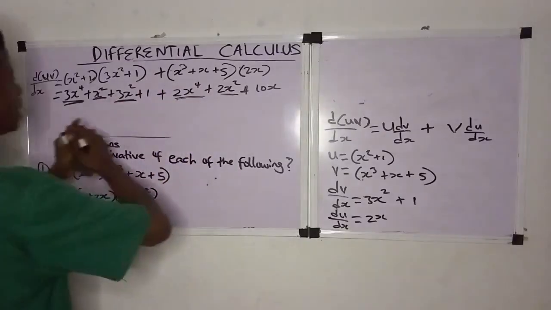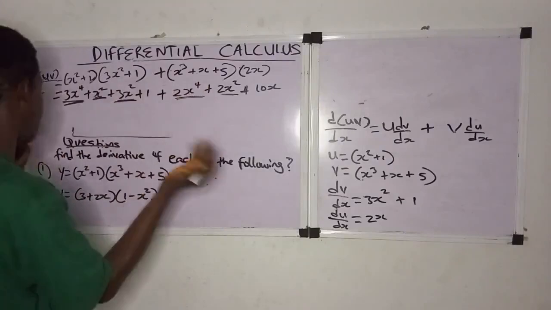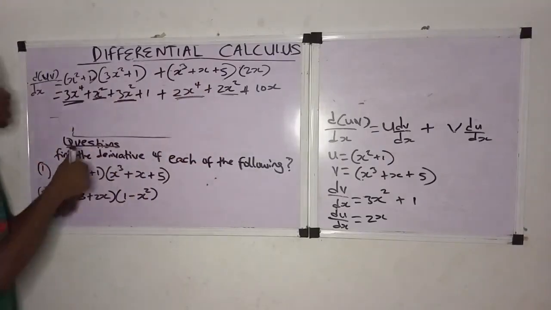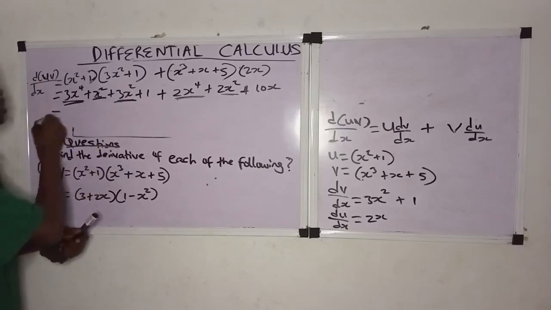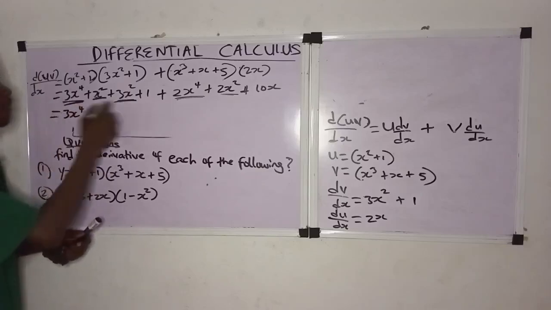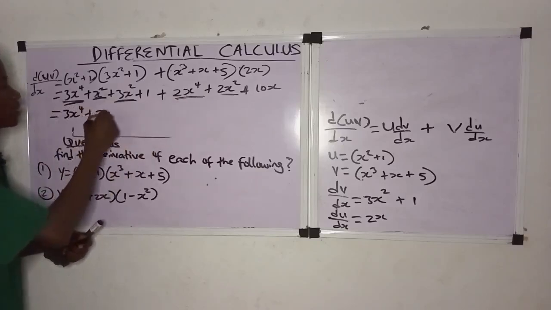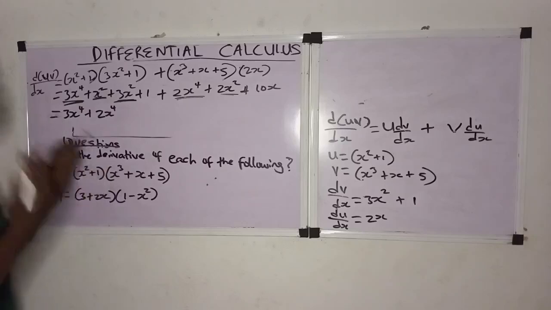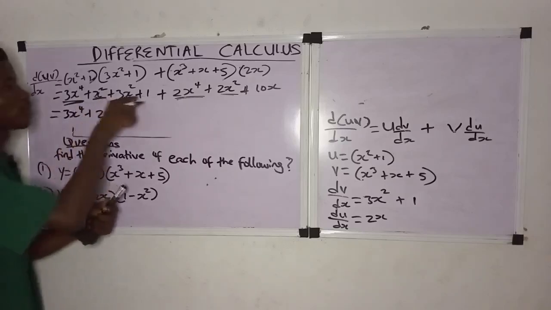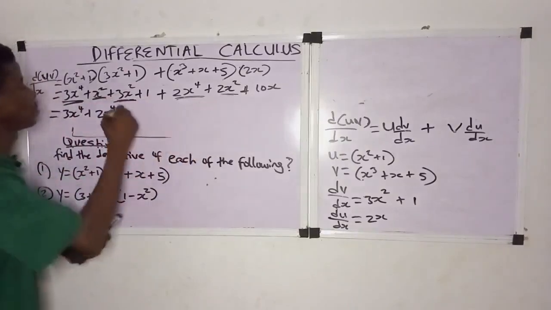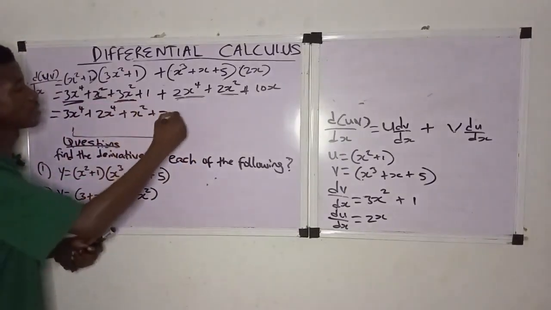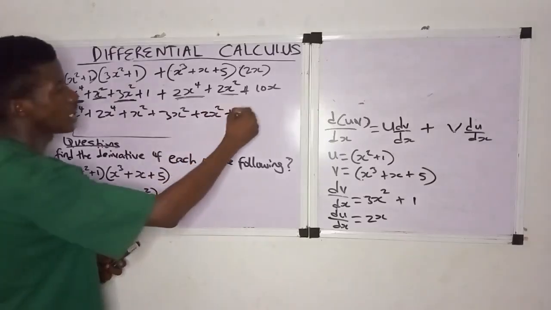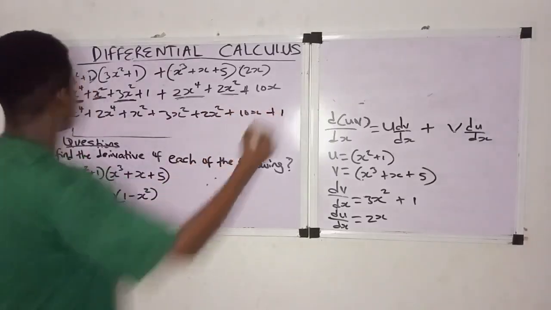So we bring them together: 3s raised to power 4 plus 2s raised to power 4, then s squared plus 3s squared plus 2s squared. So we are left with 10s and 1.